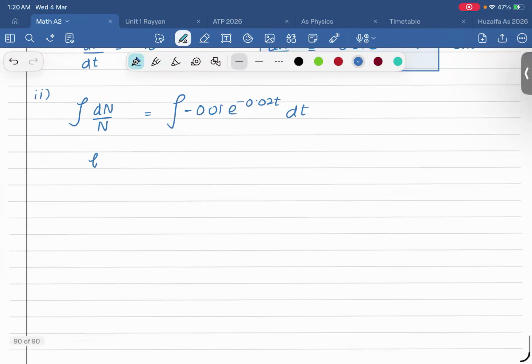This would just be ln n, and it would be negative 0.01 e to the power minus 0.02 t divided by 0.02 plus c, right?